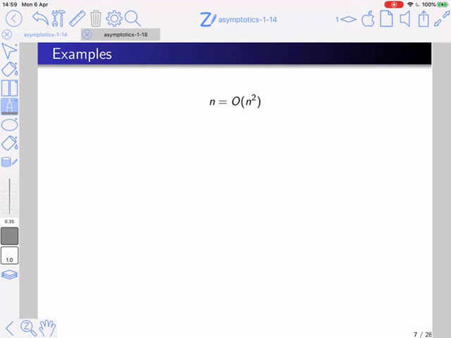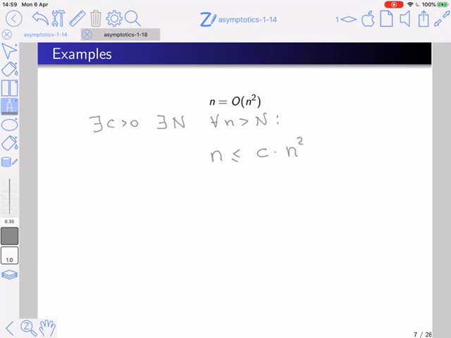Let's see an example. We want to prove that n is big O of n squared. So we want to prove that there exists a constant c, which is positive, and there exists a natural number N, such that for every n greater than N, n is less than or equal to the constant times n squared.